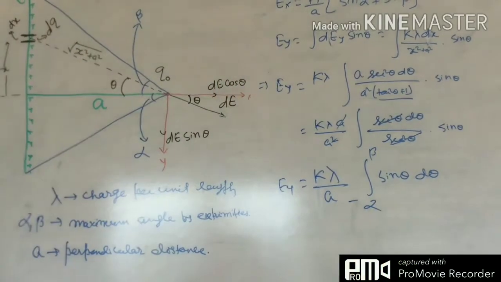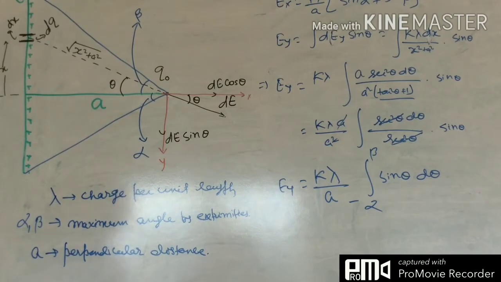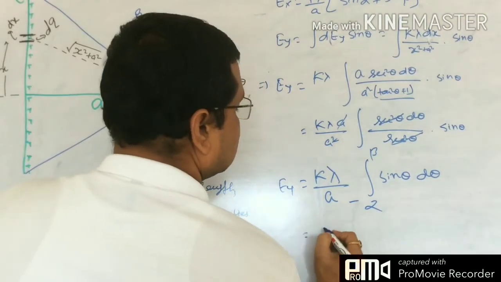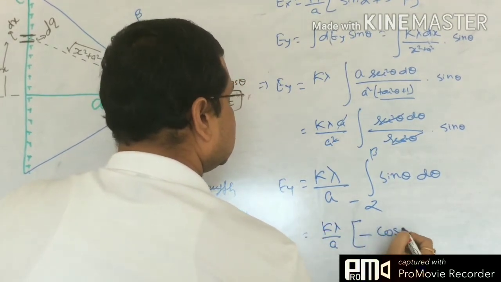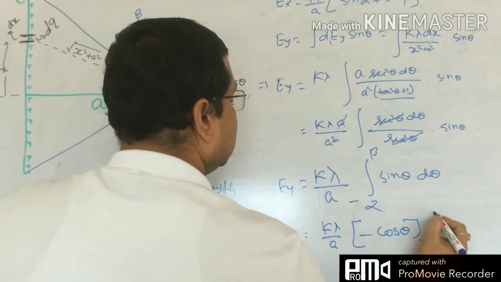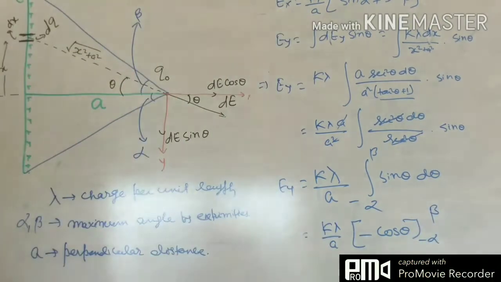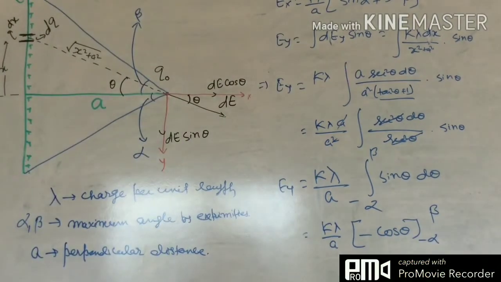So what is the integration of sin theta? Integration of sin theta is minus cos theta. So k lambda by a into minus cos theta, from minus alpha to beta. So now what can we write?